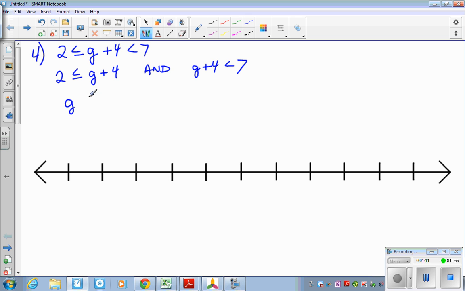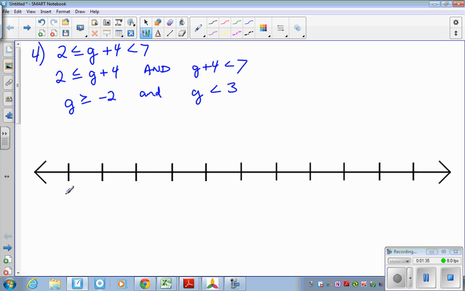So this one simplifies to g is greater than or equal to negative 2. I skipped a little bit there, but you should be able to solve that. And g is less than 3. So the and, if you remember, is an overlap. So this is actually going to be in between negative 2 and 3.